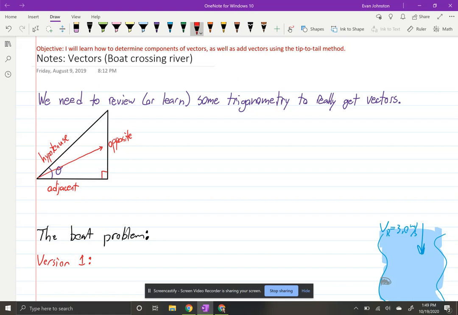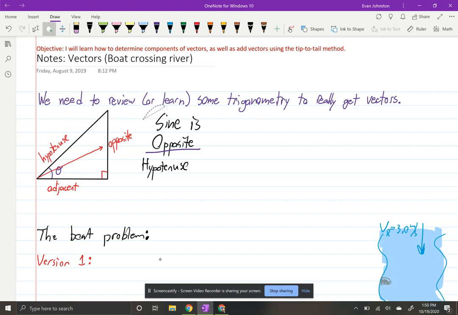Now, a couple things from trigonometry, just in case you haven't learned it yet or need a refresher: sine is the opposite over the hypotenuse. We'll look at what that actually means in a second. I'll write that sine is opposite over, or divided by, the hypotenuse.